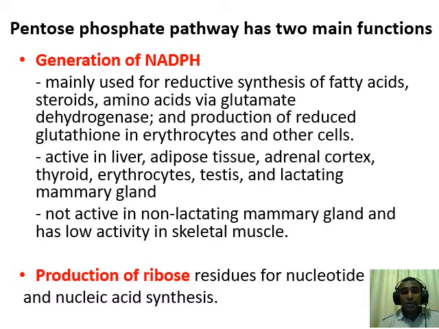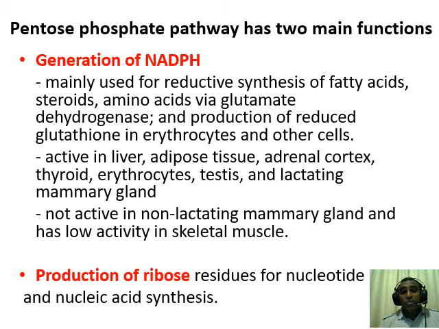This NADPH is useful in many biosynthesis pathways, such as in the making of fatty acid, in the formation of cholesterol, one of the steroids, as well as in making amino acids. In particular, one reaction involves the enzyme glutamate dehydrogenase.